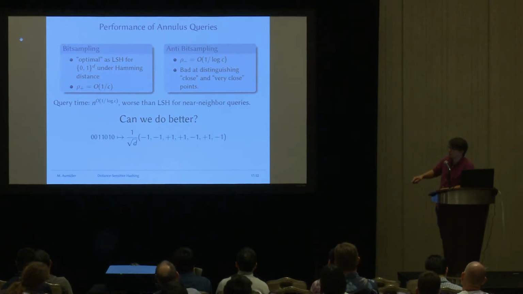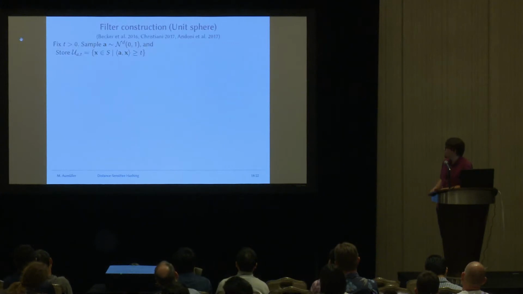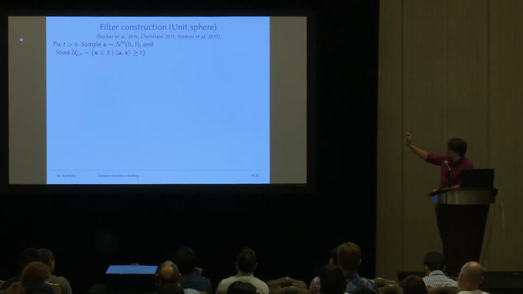So there's a nice correspondence between those two. And now, very shortly, what can we do on the unit sphere? There are very powerful constructions known. They go back to the papers of Becker et al., Christiani and Andoni et al., from the last 2 years.